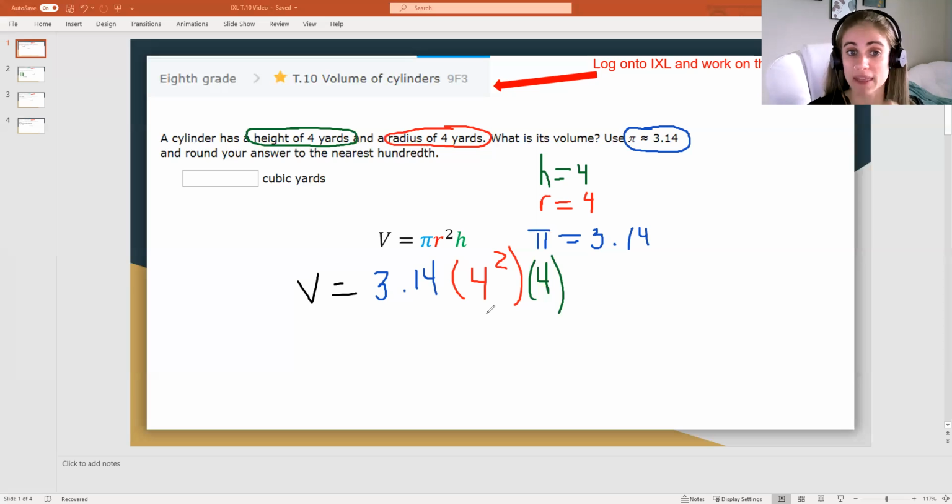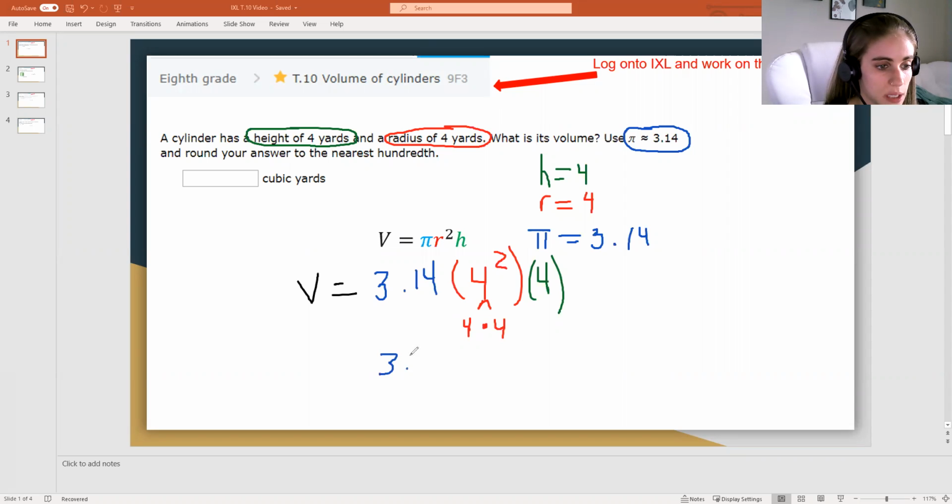So we are multiplying the base of 4 times itself 2 times, which means this is really 4 times 4.